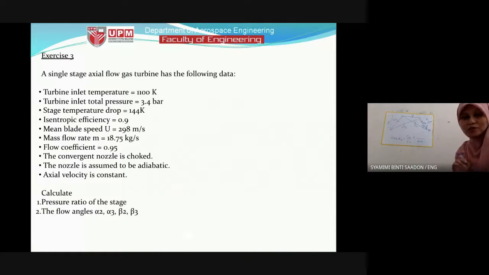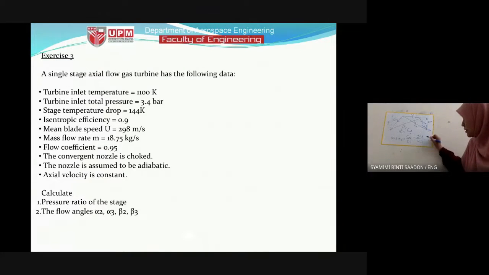For CA2, we use the knowledge of flow coefficient. Flow coefficient we write as phi. The definition of flow coefficient is CA over U. So since CA is constant, CA2 is 0.95 times U, the flow coefficient times the rotational speed, 298.